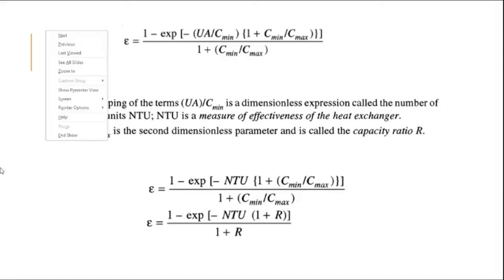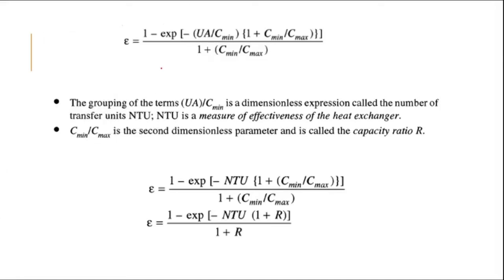If you will go back to the relation of NTU, NTU was given as UA by C min. So here also we are getting the term UA by C min. We can rewrite that as NTU. So the equation becomes 1 minus exponential minus NTU, and here the term is 1 plus C min by C max whole divided by 1 plus C min by C max.